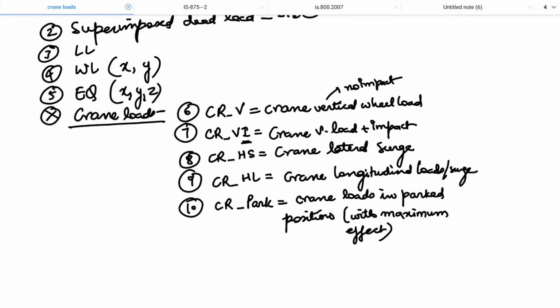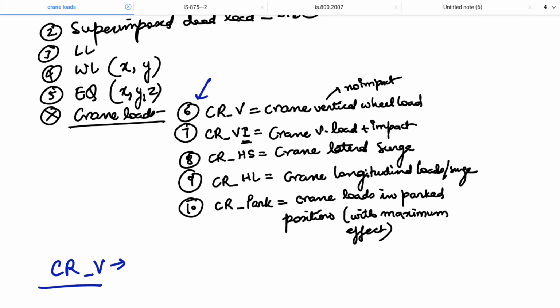So let us see first of all, what is this impact? Let's start with CR. First of all, I think we should better start with CRV only. Whenever there is data given for crane loads, few values are always given.